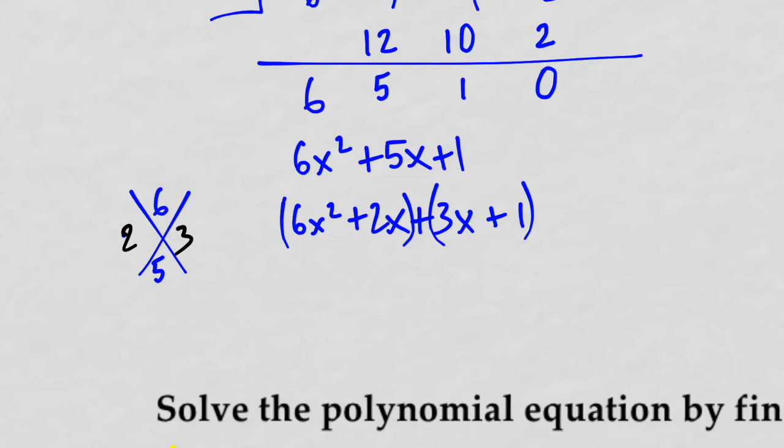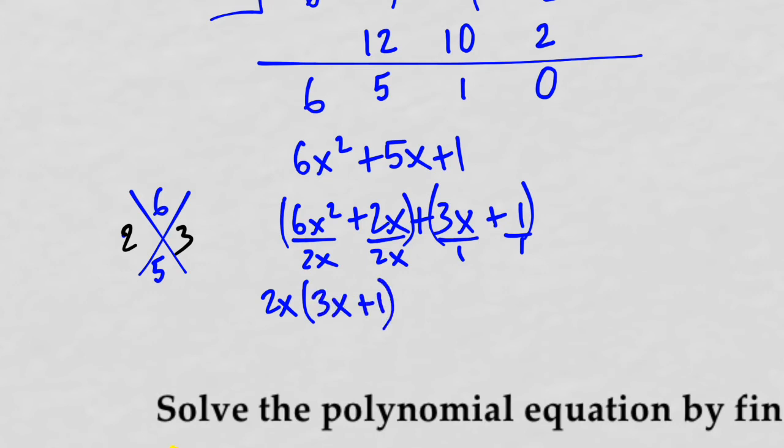We're going to divide by 2x on this one, and on the other one by nothing, by 1. So we're going to factor out 2x from the first one. We're going to get 3x plus 1. For the other one, we're going to factor out a 1, and we're going to get 3x plus 1. And there it is. It's 3x plus 1 and 2x plus 1.